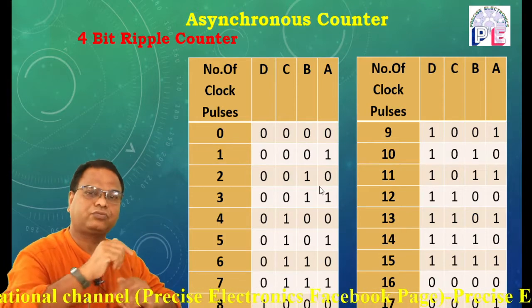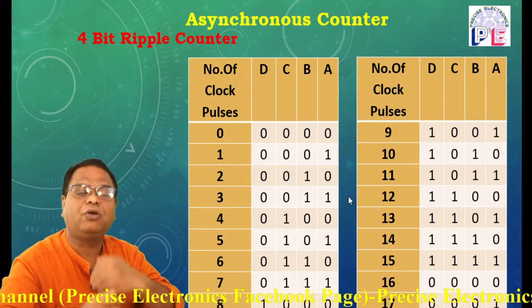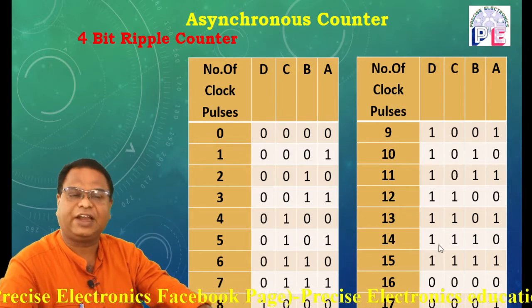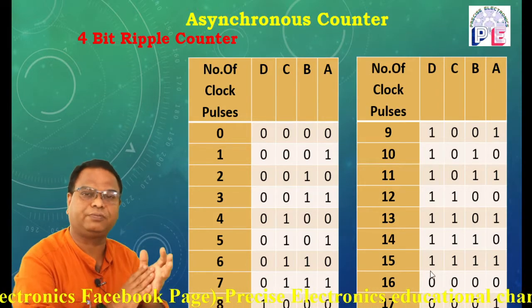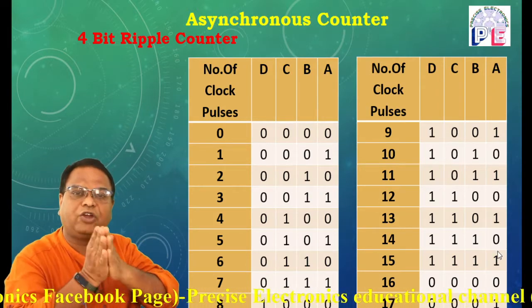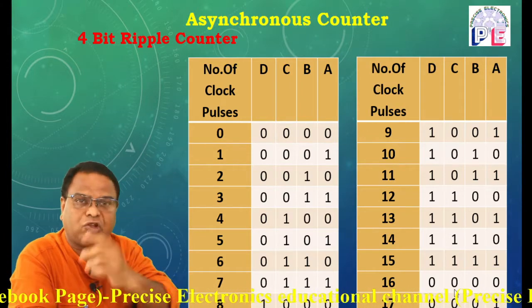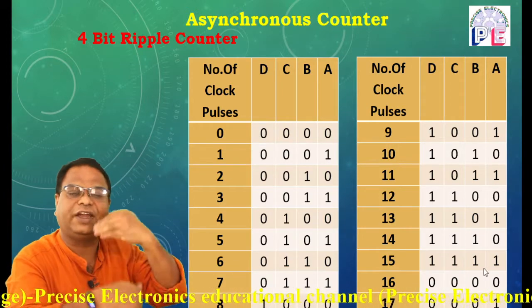That means the counter progresses, increases its state by 1. At the 15th clock pulse, the output of counter is 1 1 1 1. At the end of the 16th clock pulse, the output of counter is 0 0 0 0. That is the initial stage.